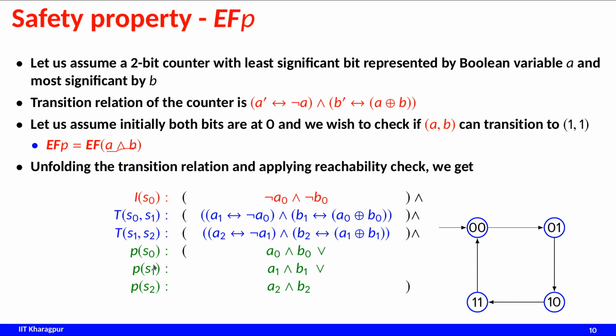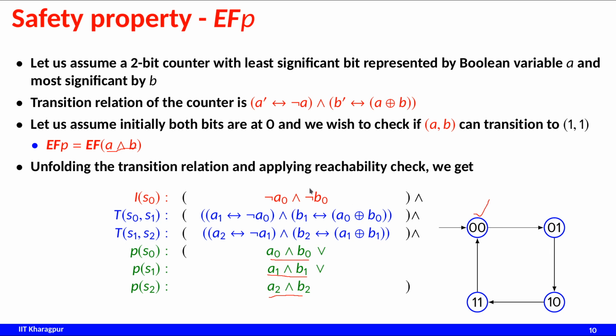So I would like to check whether this condition is satisfied at S0, or at S1, or at S2. If this condition is satisfied at any one of these states, then definitely I can say this property holds at this state.